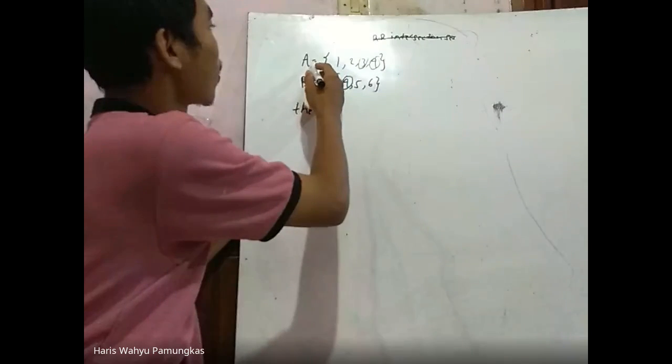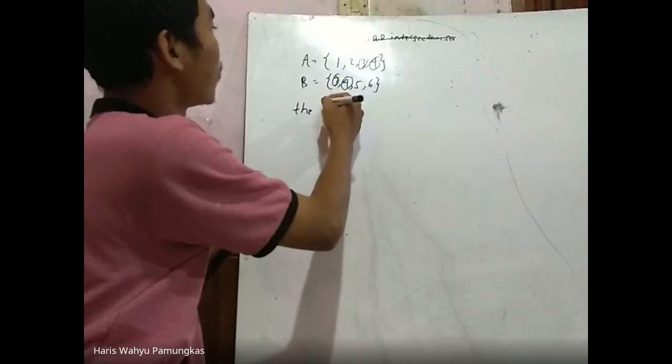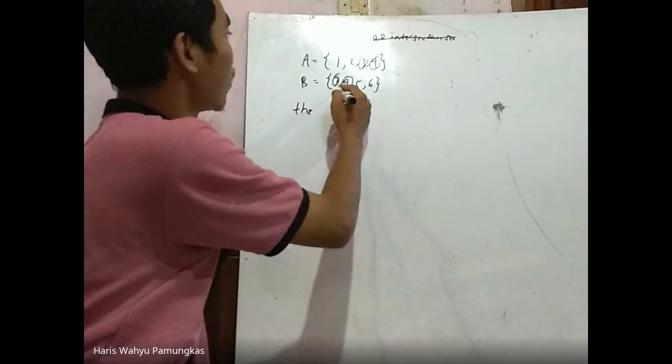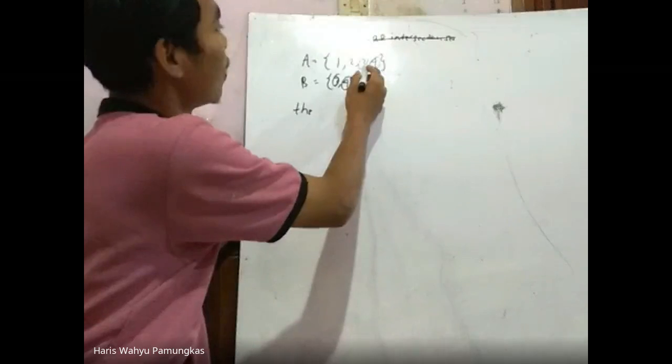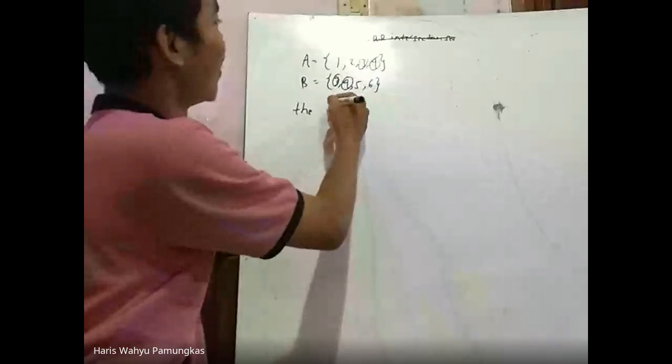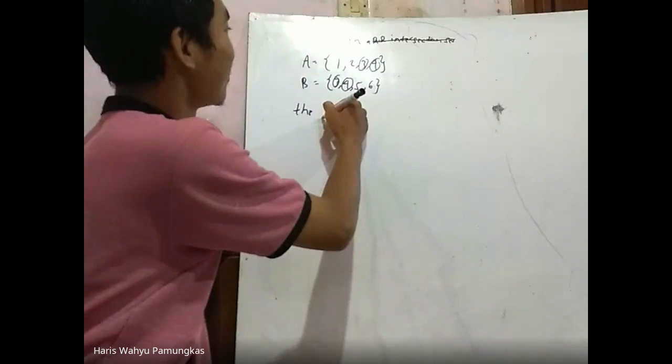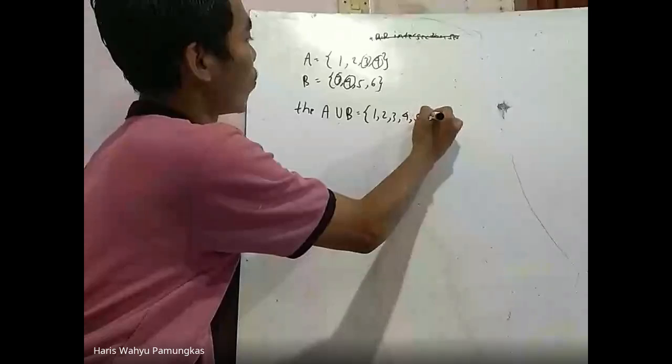All members of A and all members of B. Yes, the union is all of the elements of A and B. So A union B is 1, 2, 3, 4, 5, 6.